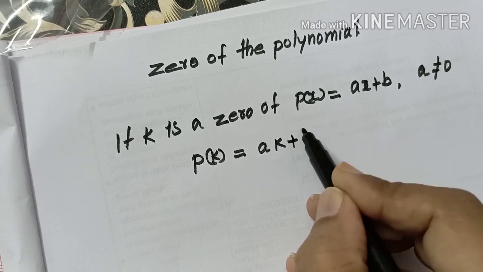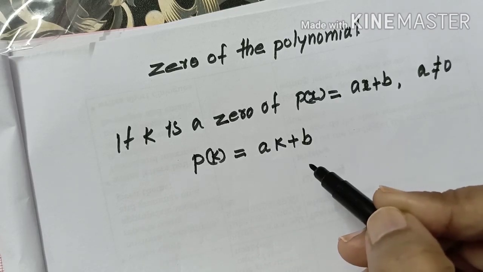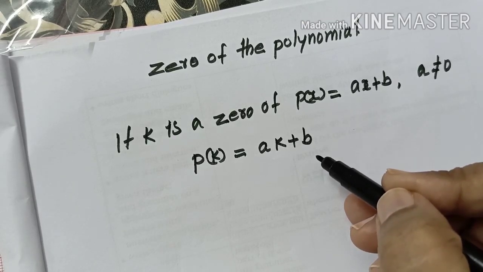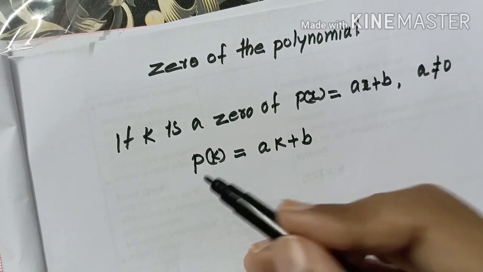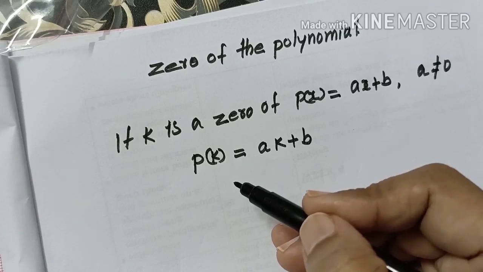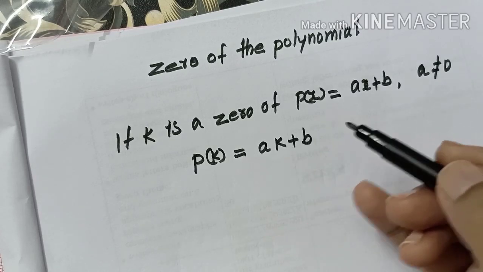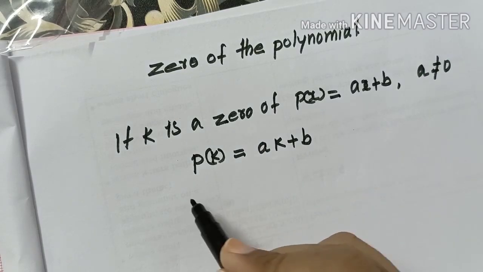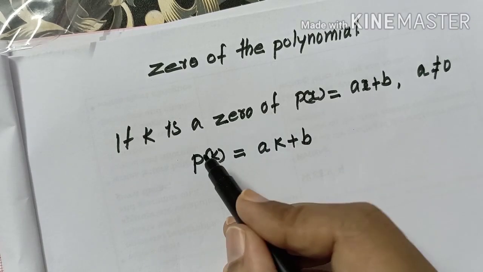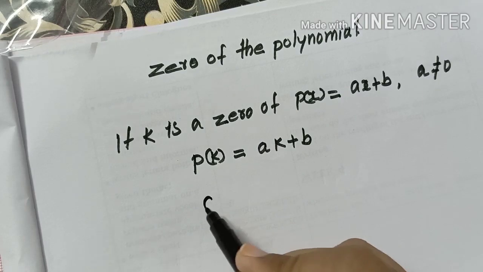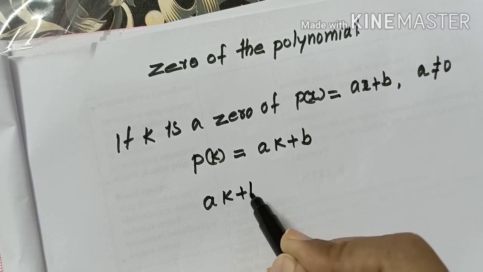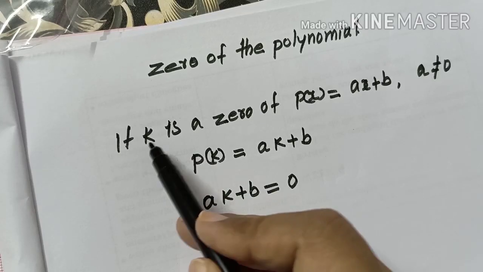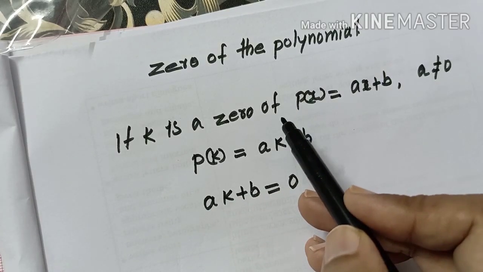ak plus b. But we know that if k is a 0 of the polynomial, ak plus b will be 0. Since k is the 0 of p of x, ak plus b should be equal to 0, because it is told that k is the 0 of the polynomial.